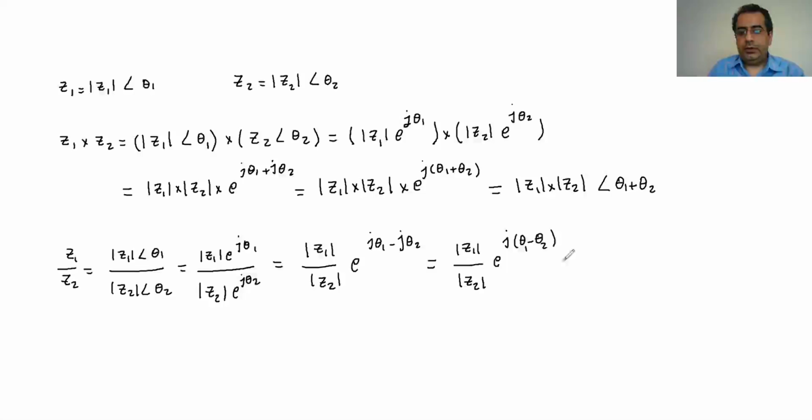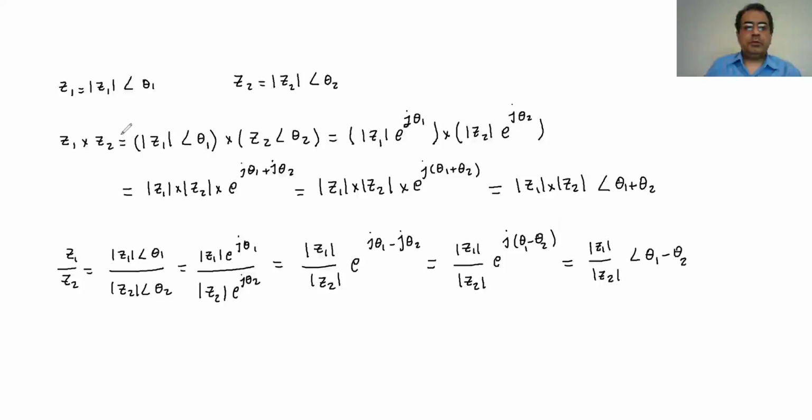And then if I write it in this polar format, it's going to be z1 divided by z2 with angle of theta 1 minus theta 2.